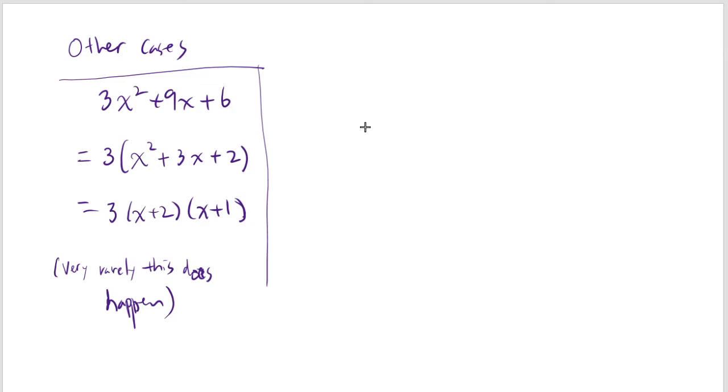And what's another case? Well, another possibility is when you still have an overall factor. You factor the 2 out because everything is even. So you have 6x squared plus 5x plus 1, right?